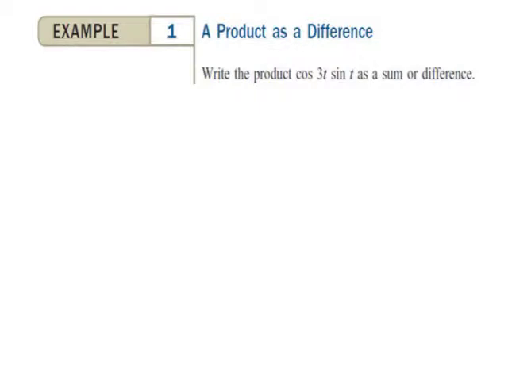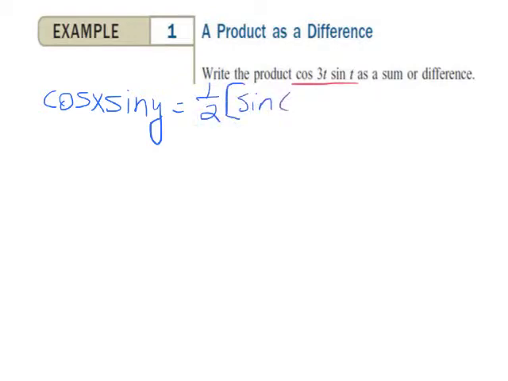It says, write the product cosine 3t sine t as a sum or a difference. So since we have cosine t sine t, that's going to be the identity that we're going to use: cosine x sine y is equal to 1/2 the sine of x plus y minus the sine of x minus y.